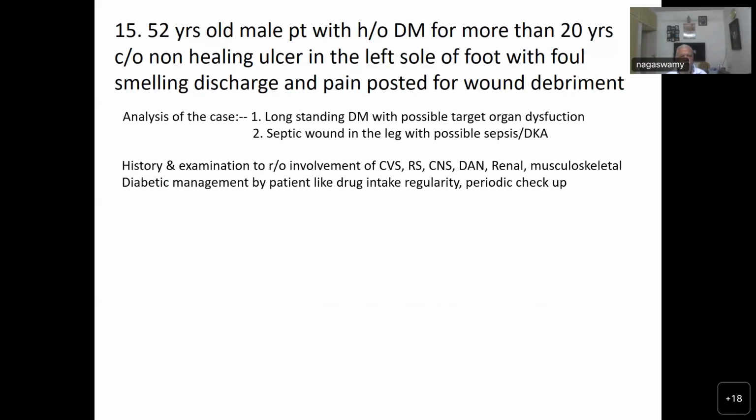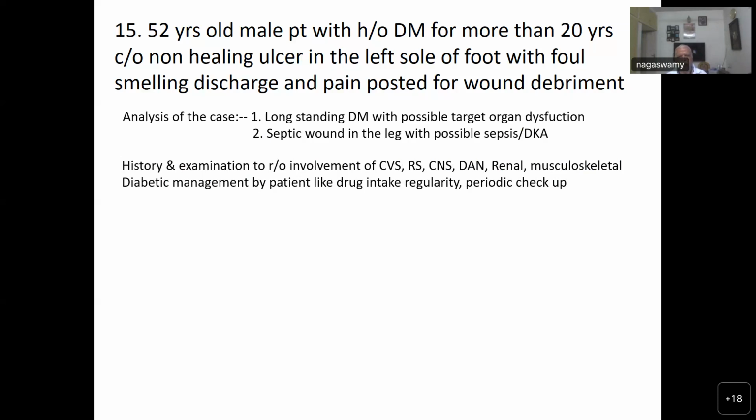Then go to the history and examination to rule out involvement of the cardiovascular system, like silent myocardial ischemia, cardiomyopathy, coronary artery disease. All these things should be ruled out. RS, they can have silent tuberculous infection or pleural effusion. CNS, they can have earlier stroke or other cognitive dysfunction.